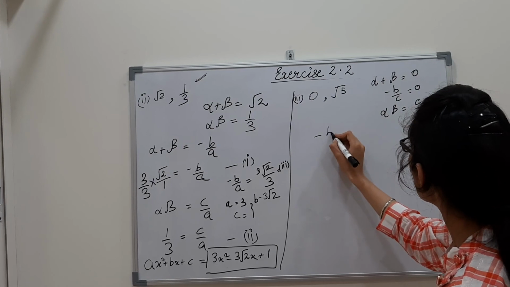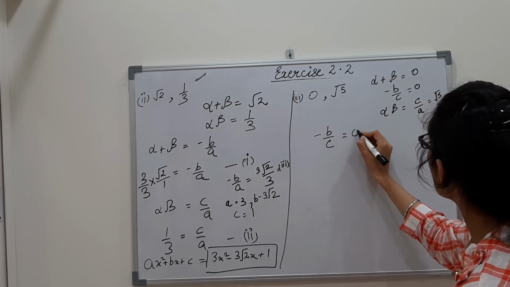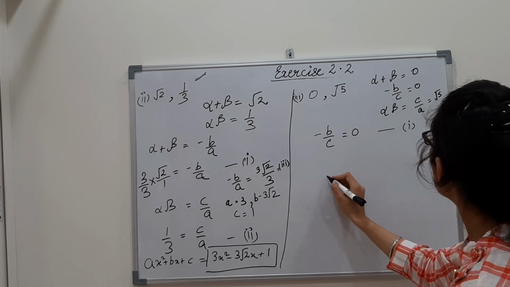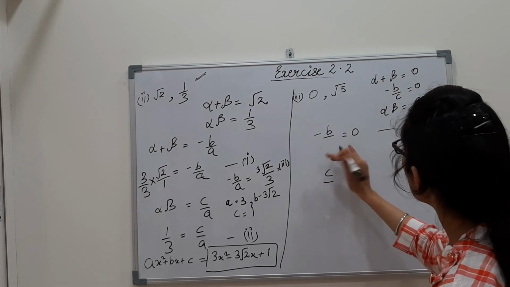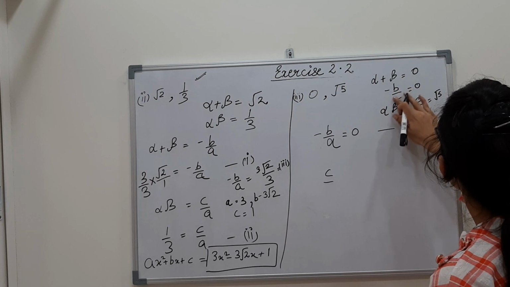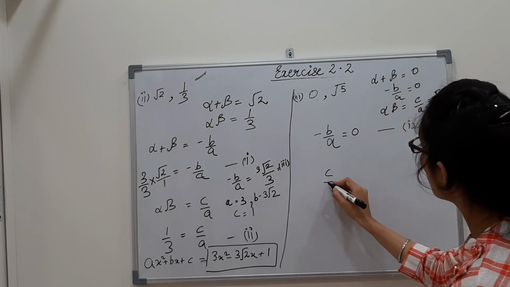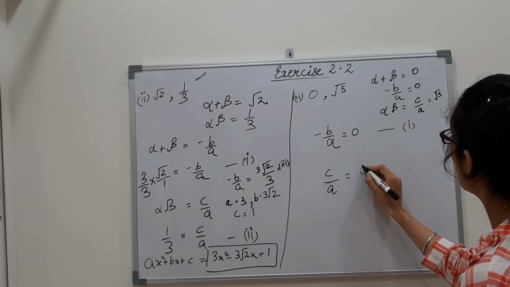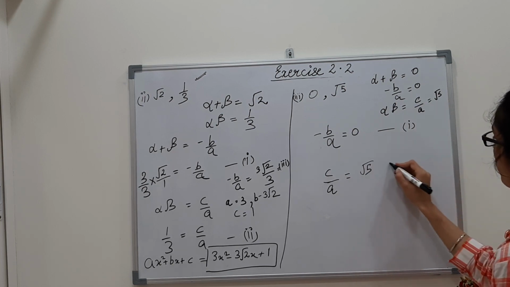So we will write minus b upon a is equal to 0. We'll mark it equation 1, and c upon a is root 5. This is 2.